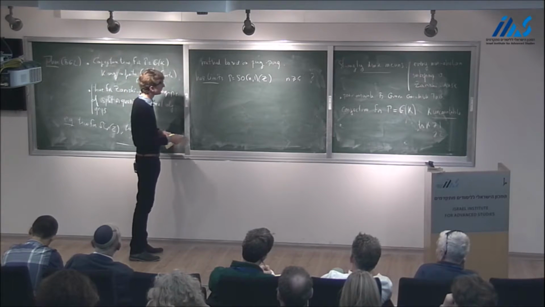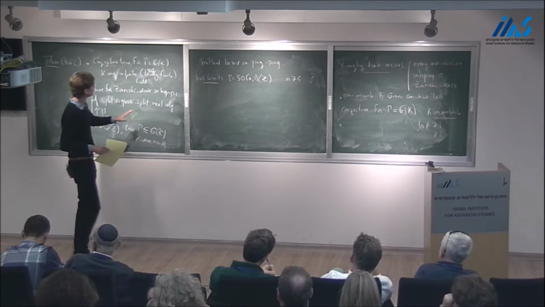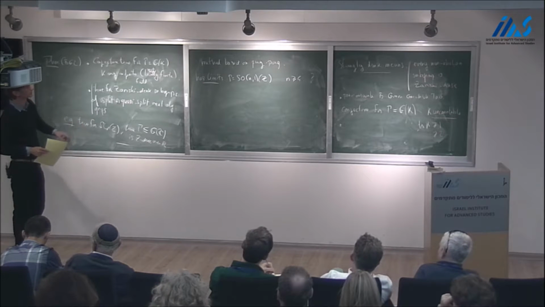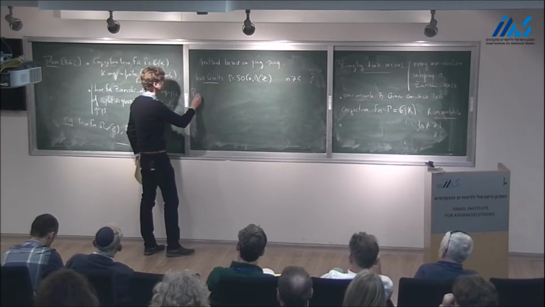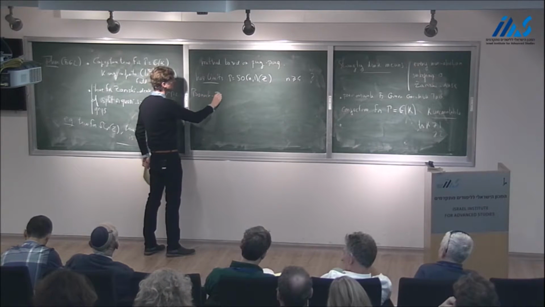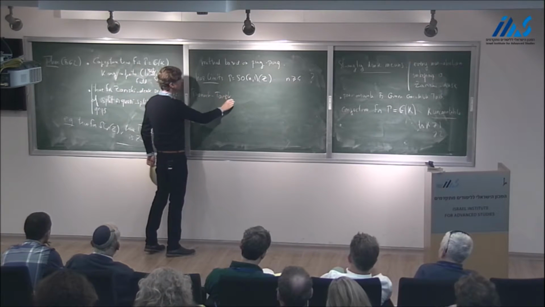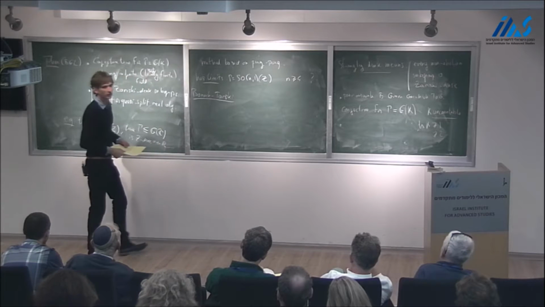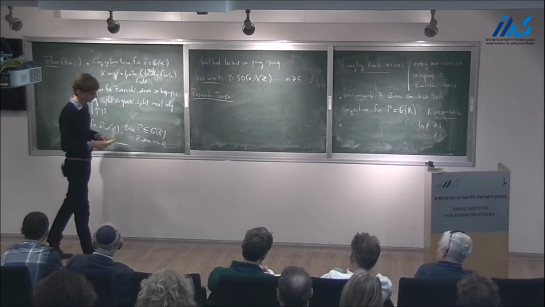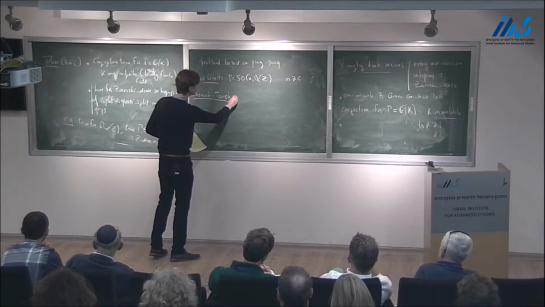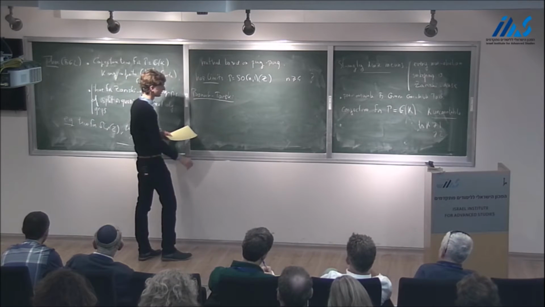Okay. So I want to relate this conjecture to the Banach-Tarski paradox. As you know, free subgroups are very closely related to the Banach-Tarski paradox. So let me just recall some definitions.